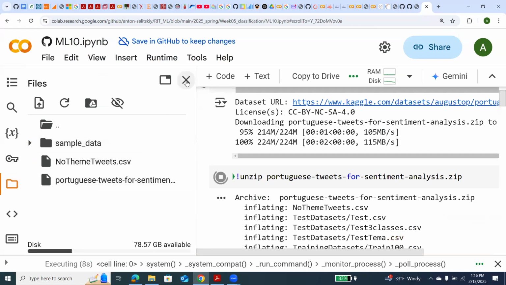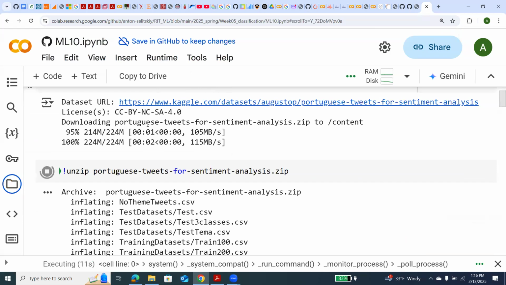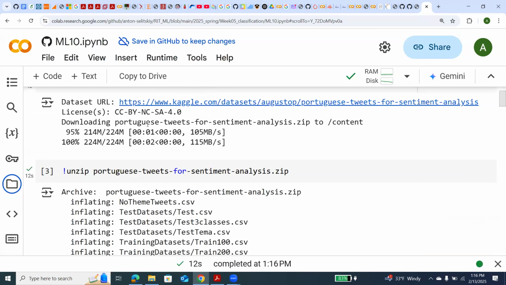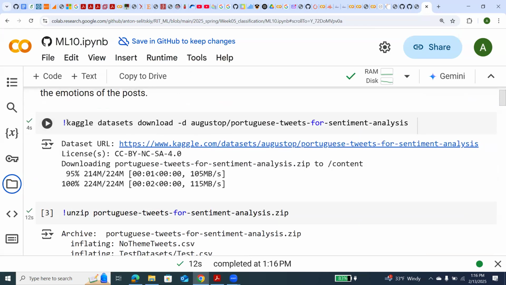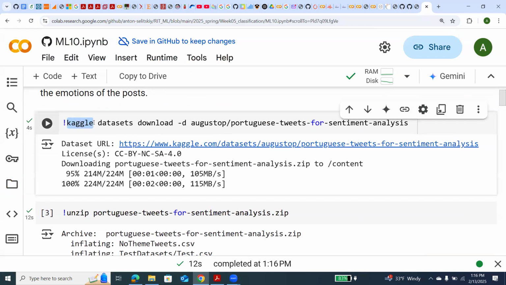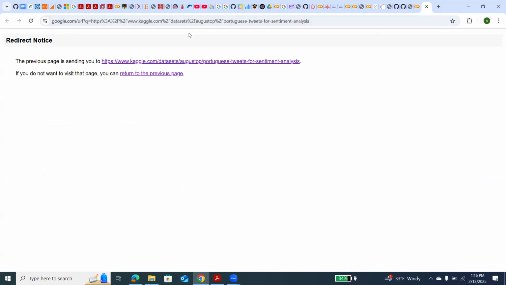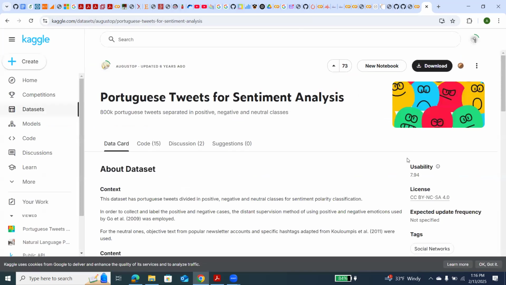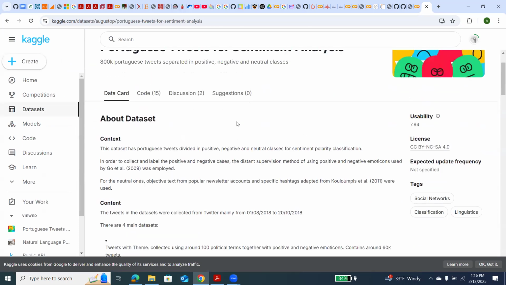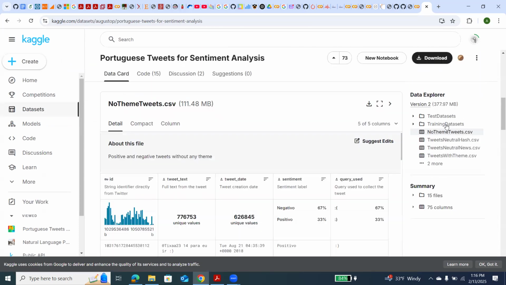Unfortunately for homework, the data set on Kaggle requires registration, so you can't use this method to download data, or you need to create the token, but it's easier just to upload directly from this link. You can go to Kaggle and you will see the data sets and you can download the files here.